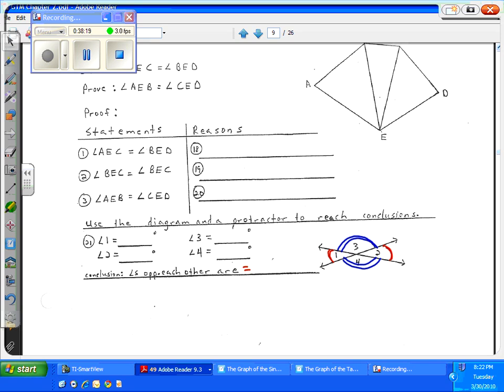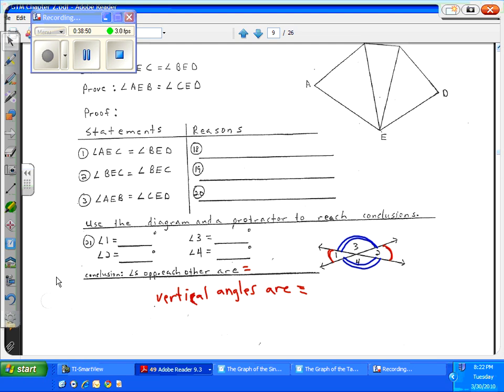And so we discovered that those angles that are opposite each other are equal. The name for those angles is vertical angles. We reached the conclusion that vertical angles are equal.